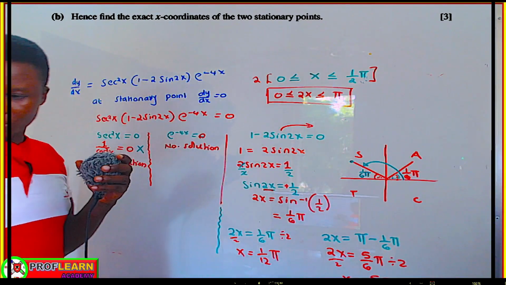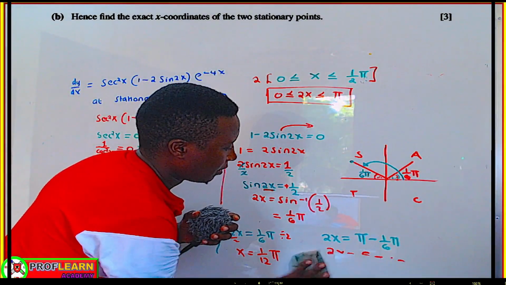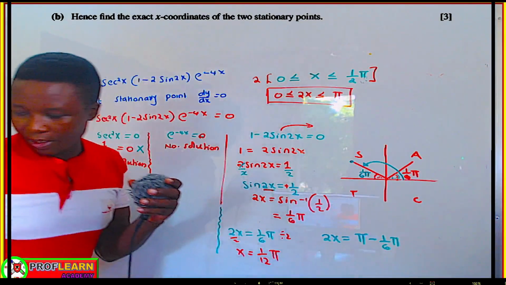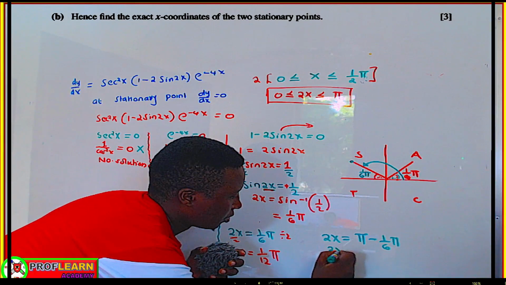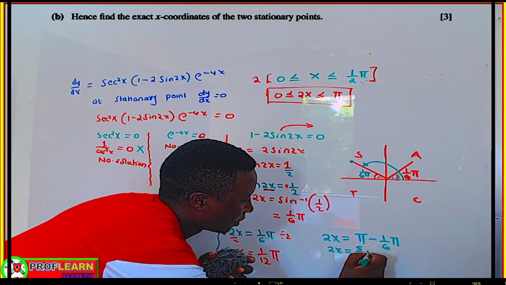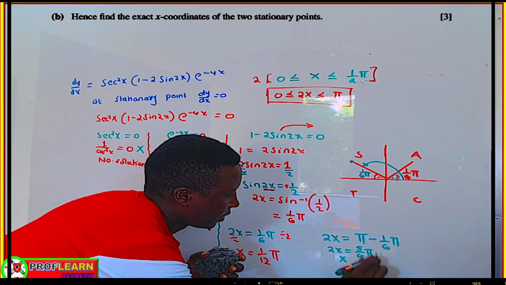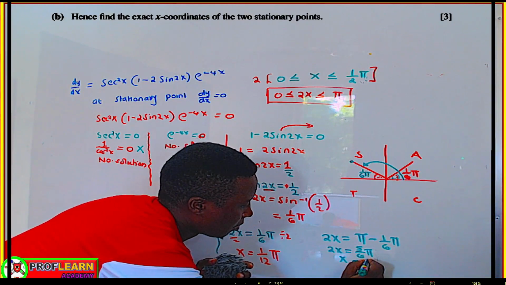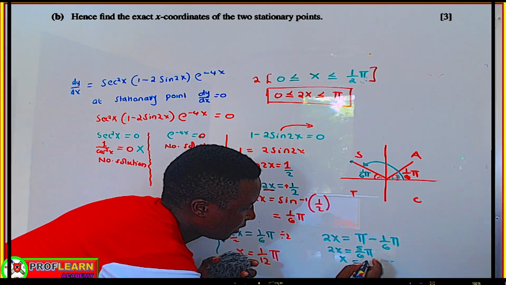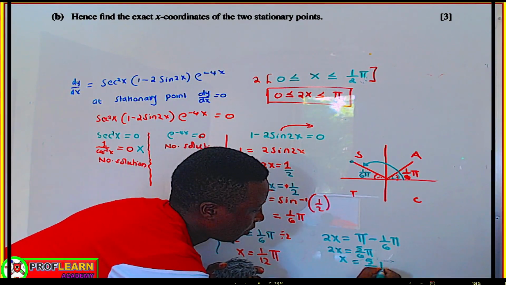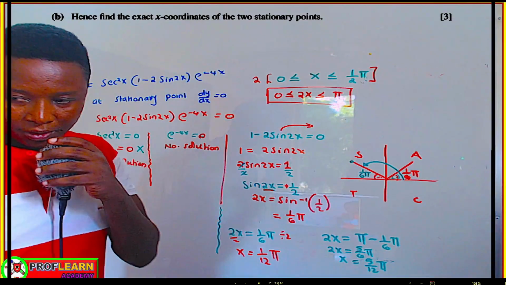It's not really clear down here, so I will write it somewhere you can see: 2x equals 5 over 6 pi. To get x, we divide by 2 and get our answer 5 over 12 pi. So those are the two solutions you are expected to get in this particular question.